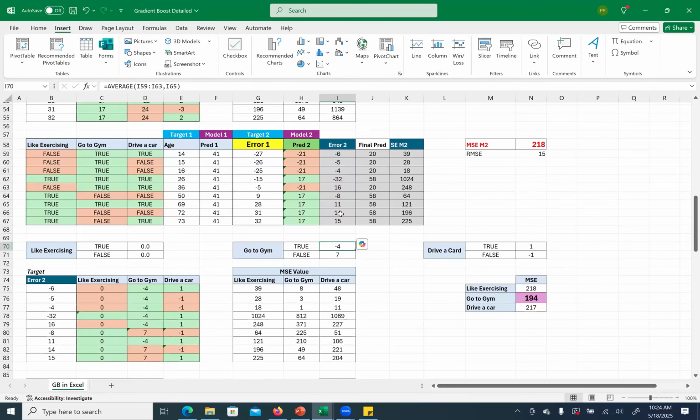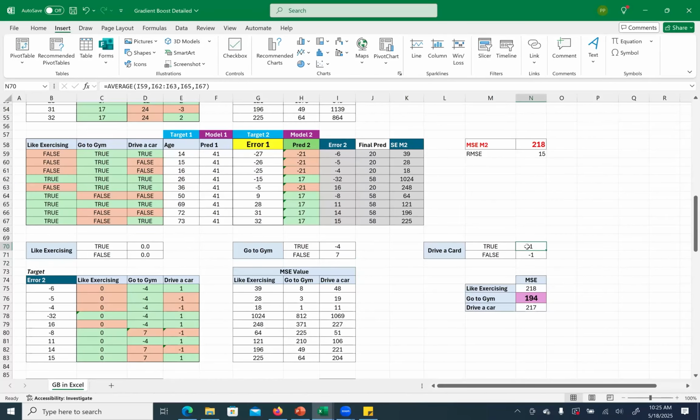Similarly, for go to gym, I will check the average of all the trues and all the falses.